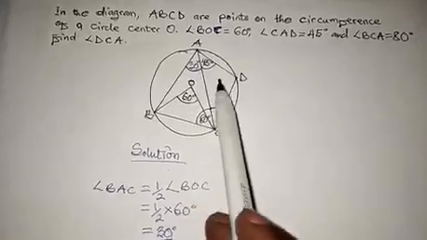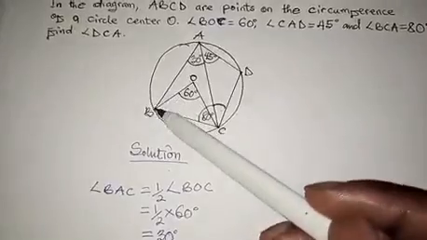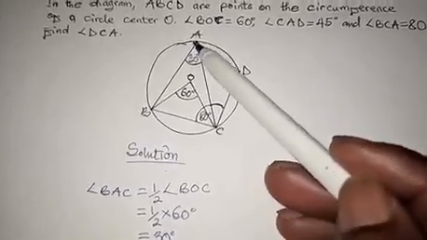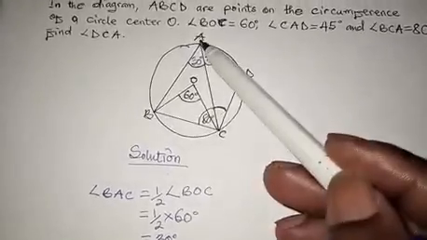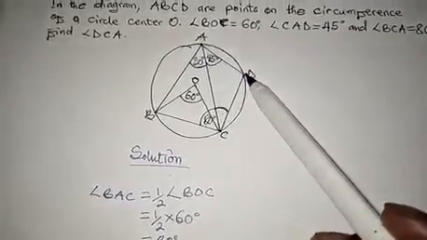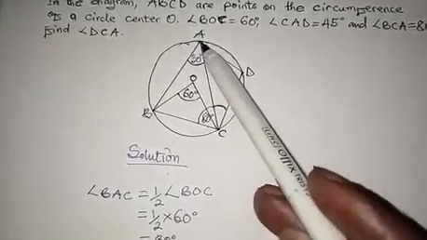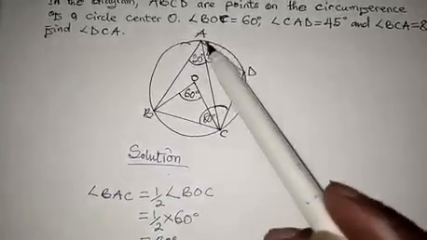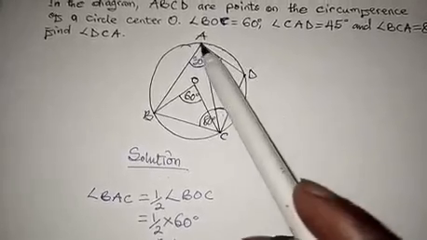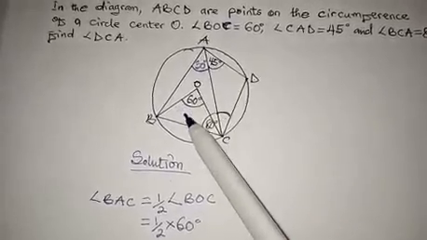Now if you look at the diagram, you see that we have this quadrilateral inside the circle. So we have an inscribed quadrilateral ABCD. In one of the properties of circle theorems, when you have a quadrilateral drawn in a circle and the vertices touch the circumference of the circle, we call that a cyclic quadrilateral.